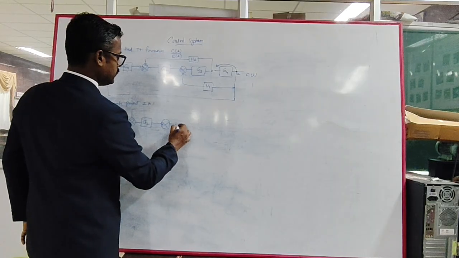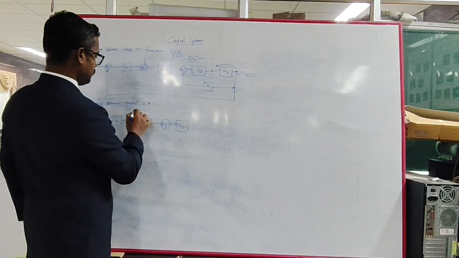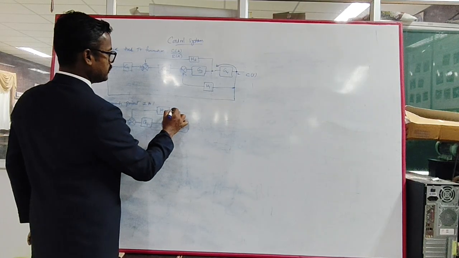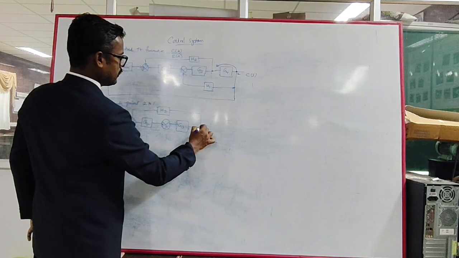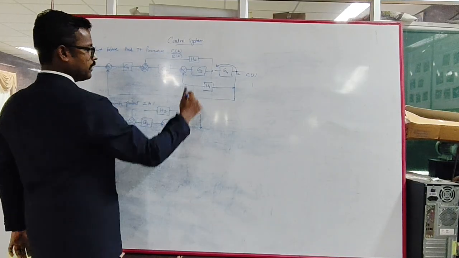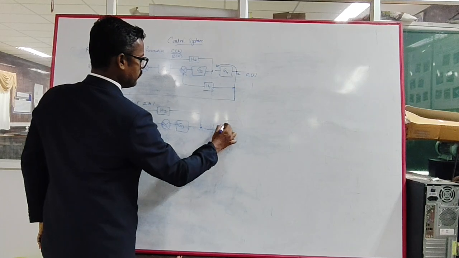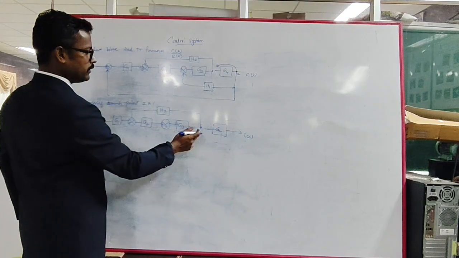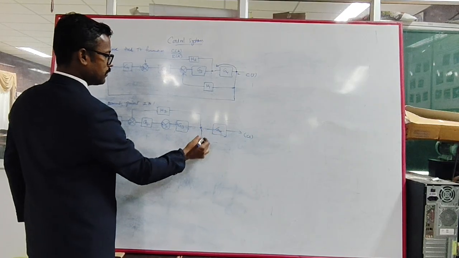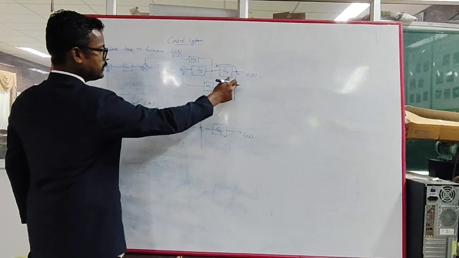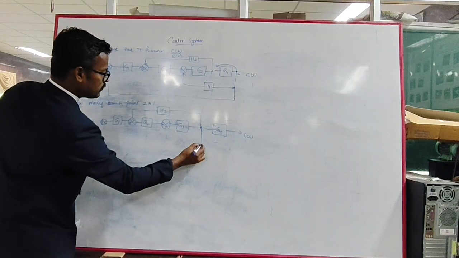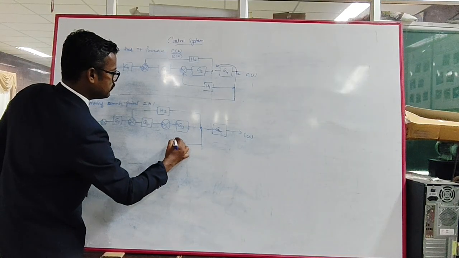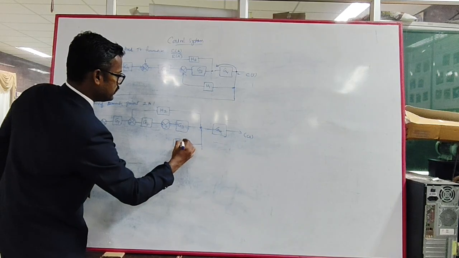Here it is G3 and the feedback coming is H2. It won't change because we are maintaining this point, and after that we are taking it as G4. So this point is moved out here. Here you are taking the other feedback. This point is moved here. So what is H1? The H1 connection is given here, so you will get H1 into G4.